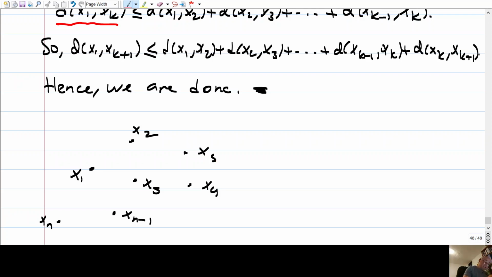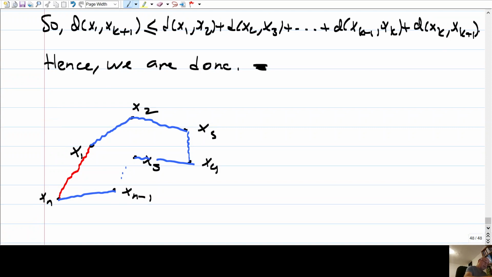This is not the real picture, just a symbolic one. It tells us that this distance is less than or equal to the sum of the consecutive distances: you take this distance plus this one plus this one and so on, and finally this distance. So the red one is less than the sum of the blue ones. This is what this easy fact tells us.